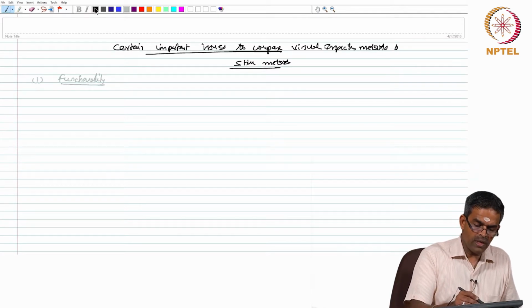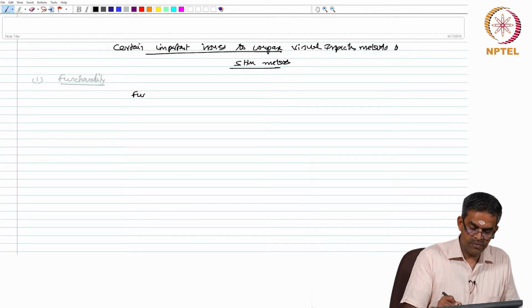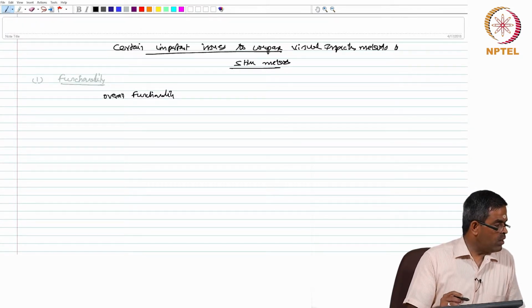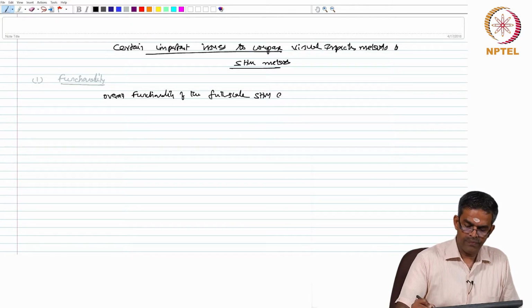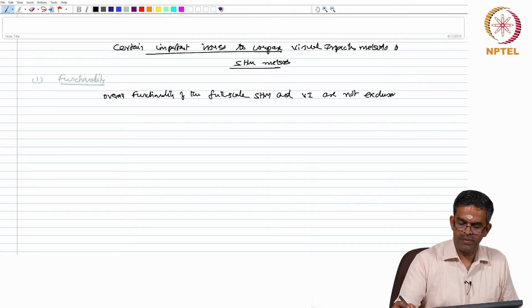If you look at it in a real sense, the overall functionality of the full scale SHM and visual inspection are not exclusively different.